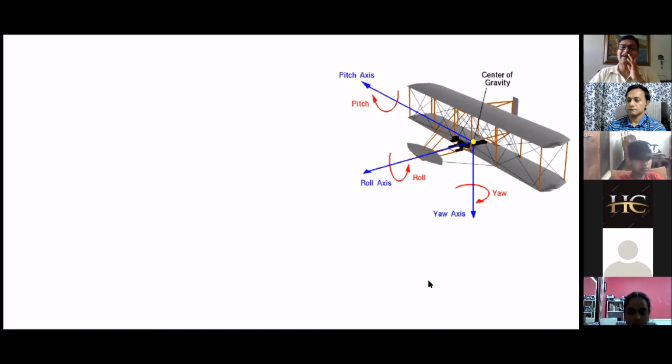So they got the idea from the bicycle because they thought a bicycle is an inherently unstable kind of vehicle, right? You all ride a bicycle, right? And it's very unstable. If you don't control your weight very, very well, you're going to fall off, right? So they understood that if a bicycle is unstable, they started thinking about how do we control a bicycle?